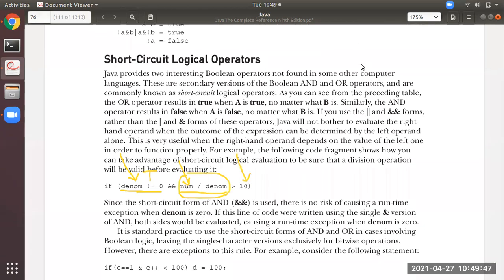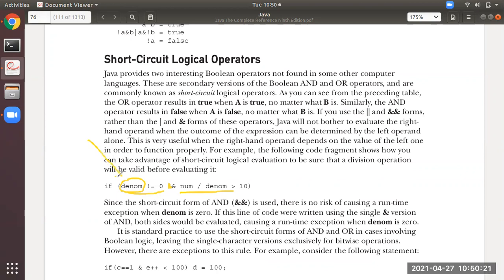Now suppose denom is 0. So 0 not equal to 0 is false, so it won't evaluate this part. Now my question is, suppose there is only one ampersand, and denom is 0.